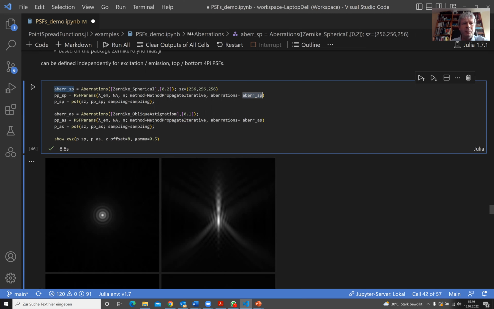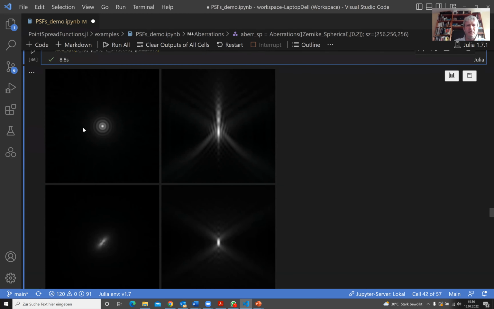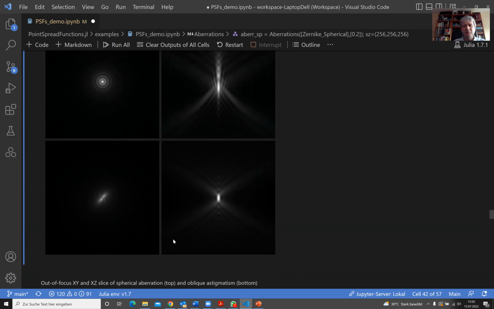And you can do, of course, also combinations of them by simply listing them together in this list. So here you see an example of spherical and oblique astigmatism. And to show you the oblique astigmatism better in the display, I'm just showing you out of focus slices in the XZ section here. So you see the spherical aberration has a certain out of focus performance here, as does the oblique astigmatism. It gives you this diagonal astigmatism here.